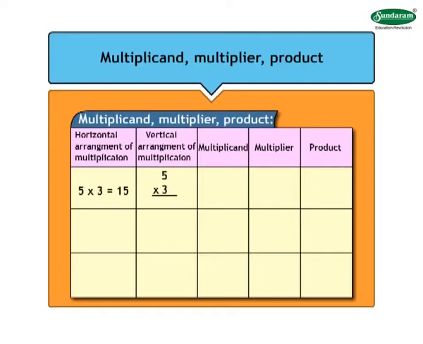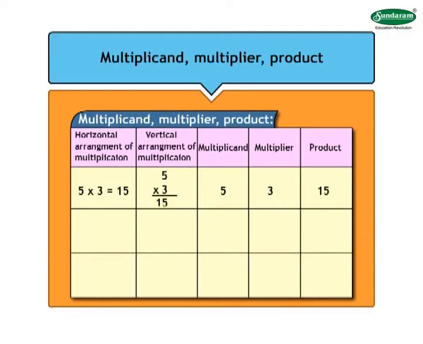This means we say the 5 times table up to 5 threes are. Hence, 5 is called the multiplicand and 3 is called the multiplier. When we say the multiplication table up to 5 threes are, we get the answer as 15. This 15 is called the product.